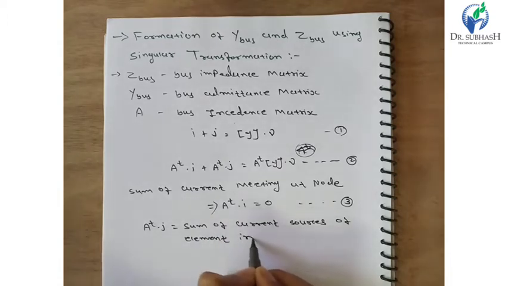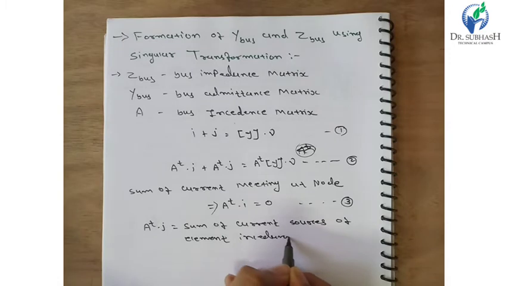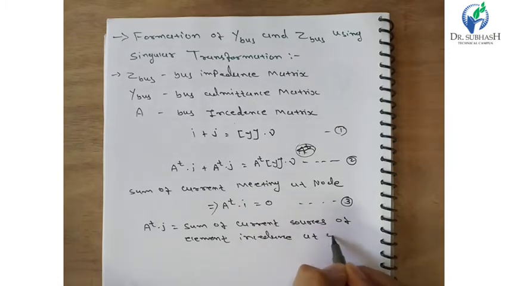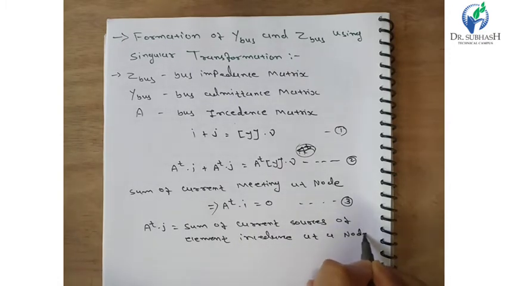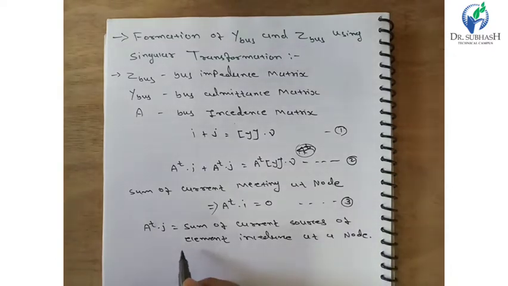Element incidence at a node. It is a column vector, so we can write it for the column vector.